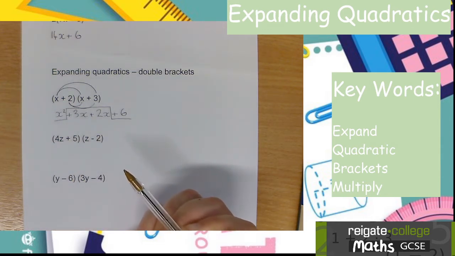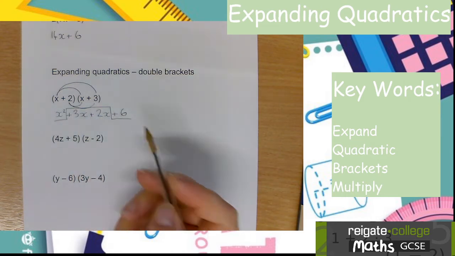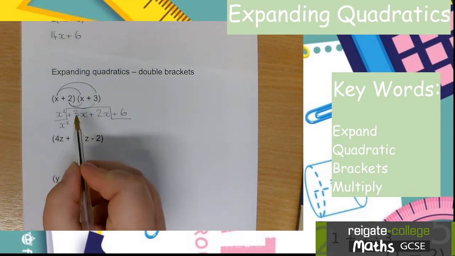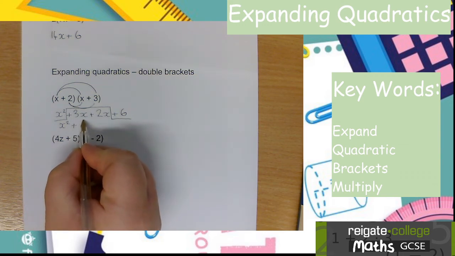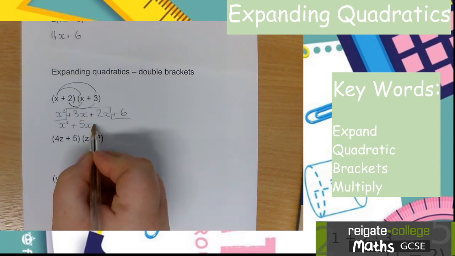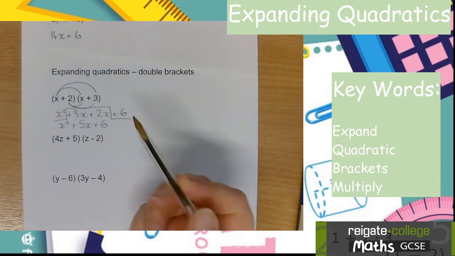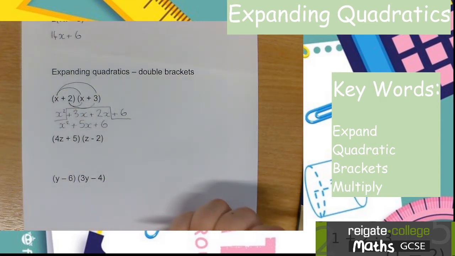And my rules of simplification mean I can add these 2 together. So x squared doesn't alter. 3x plus 2x gives me 5x. And the 6 on the end doesn't change either. So from the 2 brackets, I've now got a quadratic expression of x squared plus 5x plus 6.